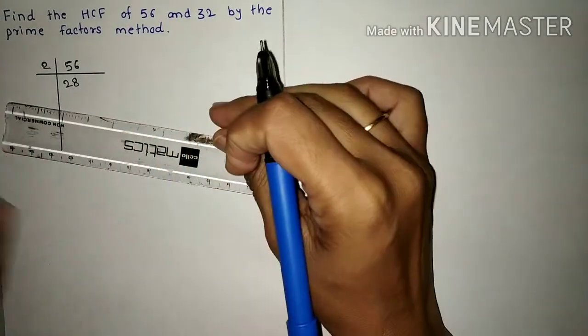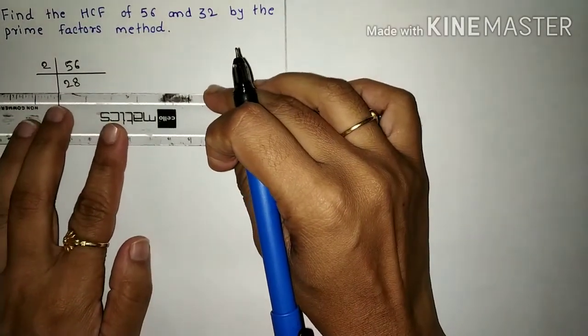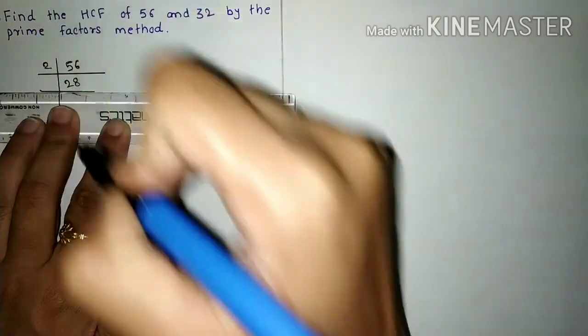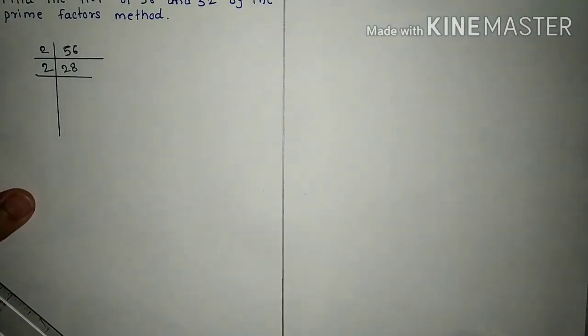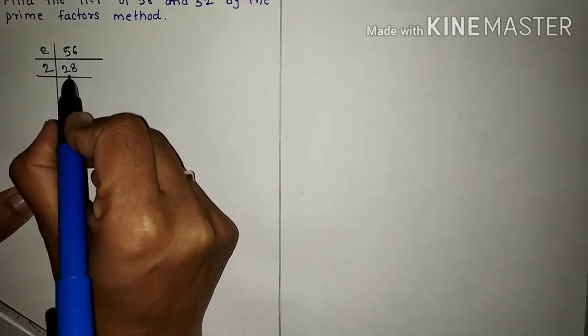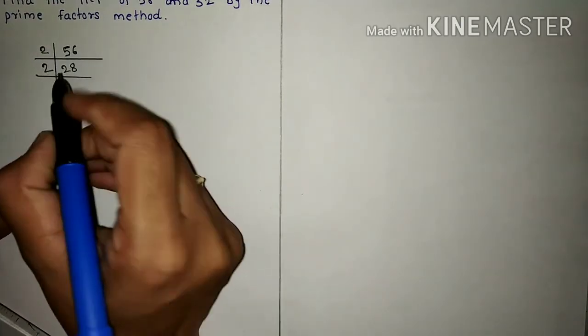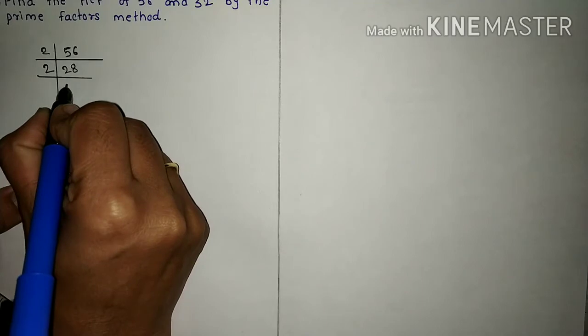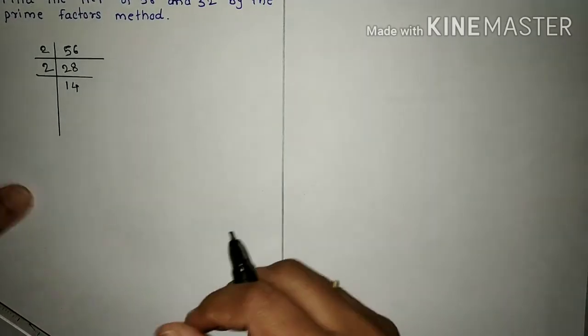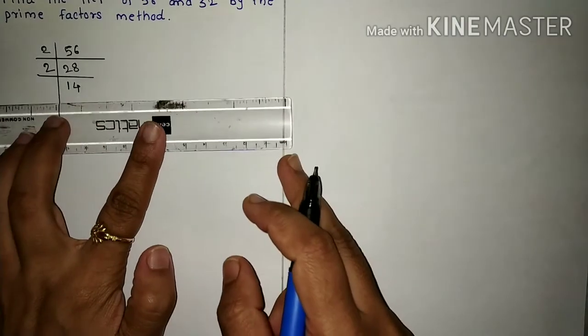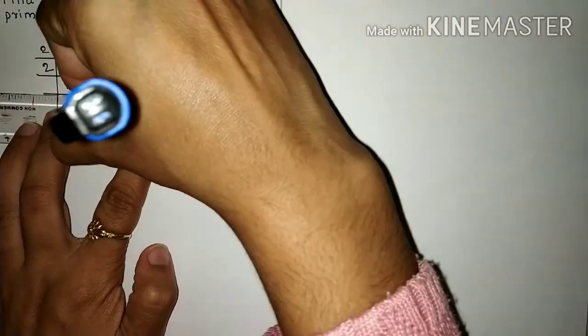Now 28 is divisible by 2. So here we write 2. Okay. When we divide 28 by 2, then we get 14. Okay. Again 14 is divisible by 2.